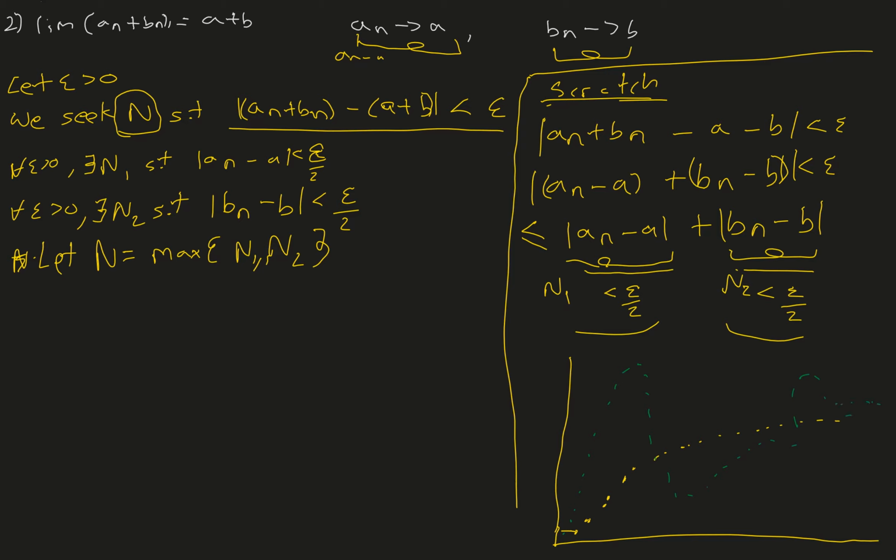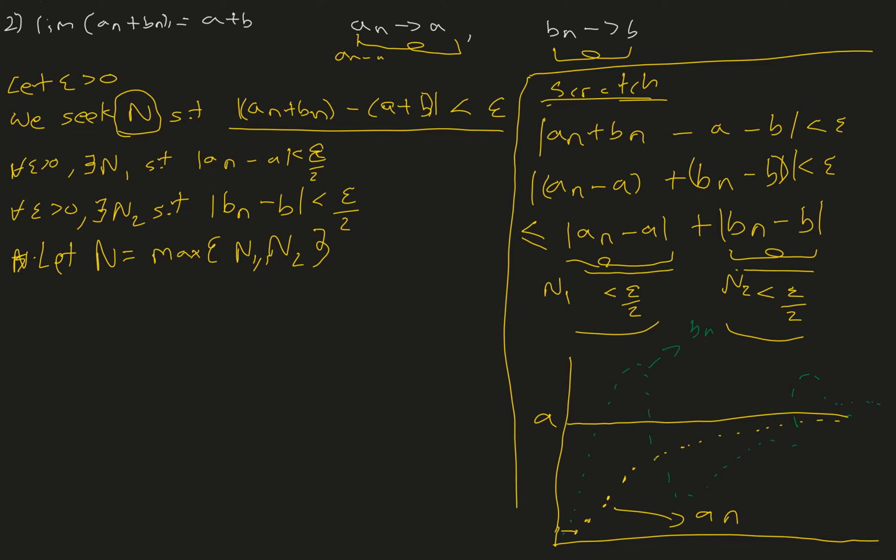Let's look at the limits. Let the yellow sequence be an and the green sequence be bn, and they both start converging.